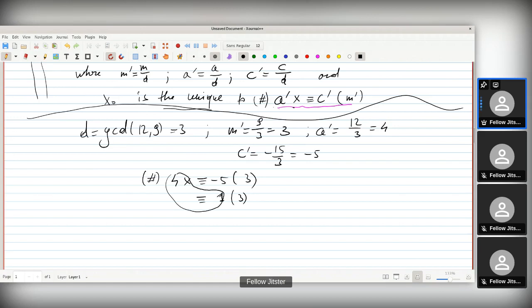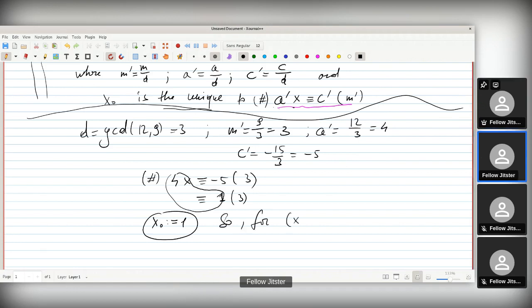Of course, formally, we need the Euclidean algorithm, but here there are just 3 possible remainders, so it is obvious how we can guess it. What is the only solution to this congruence? 1. Yeah, 1! 4 multiplied by 1 is congruent to 1 modulo 3. Do you agree?